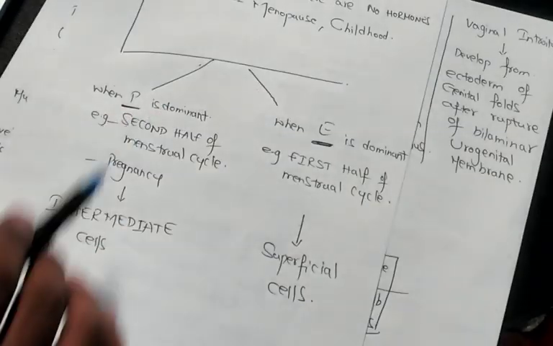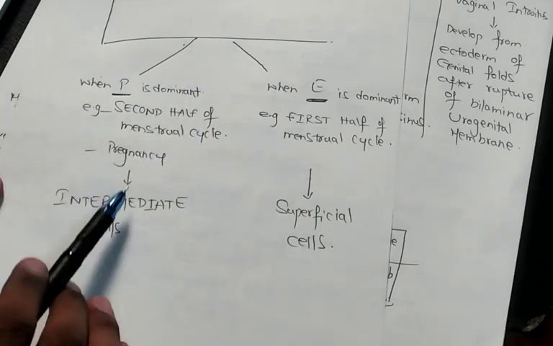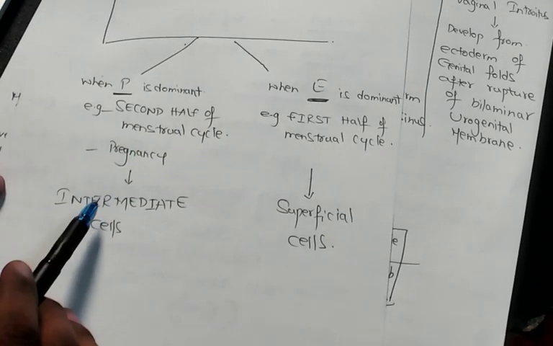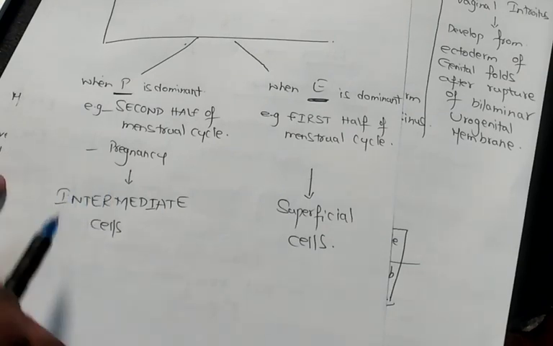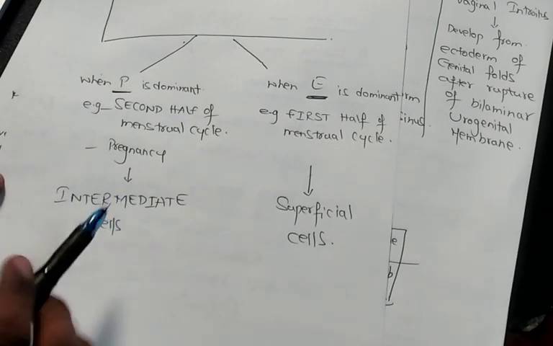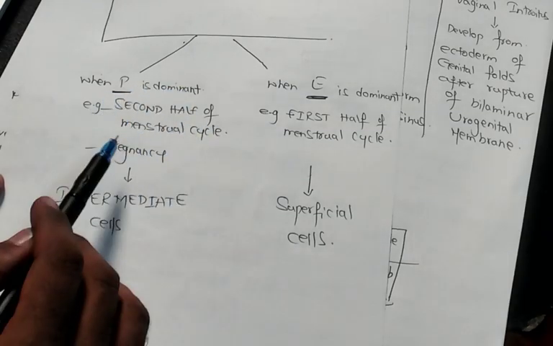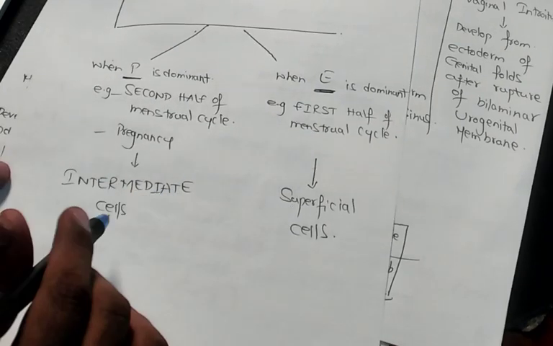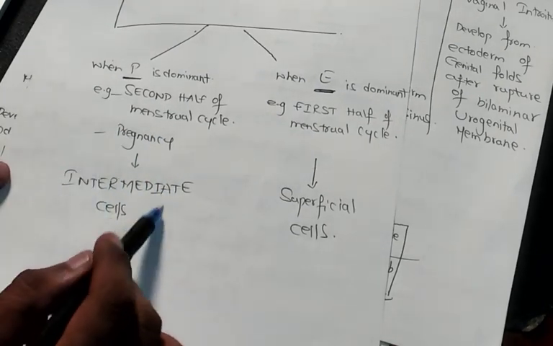In vaginal epithelium, whenever progesterone is dominant, after ovulation, corpus luteum keeps on producing progesterone. So when progesterone is dominant, in the second half of the menstrual cycle, that is post-ovulatory, you will find intermediate cells.